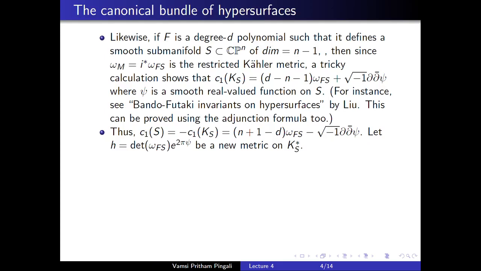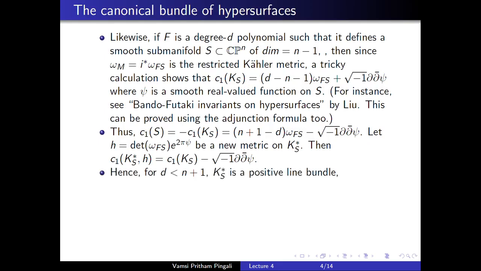If you compute the first Chern form of this metric, sorry, I should have written this more clearly. The first Chern form of this metric is simply n plus 1 minus d times omega FS.